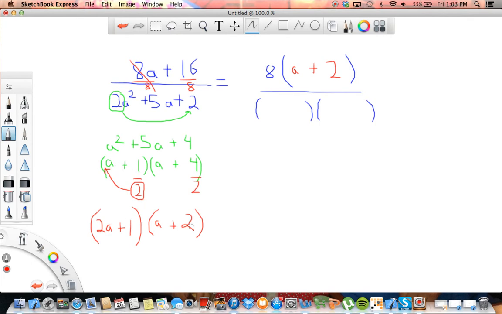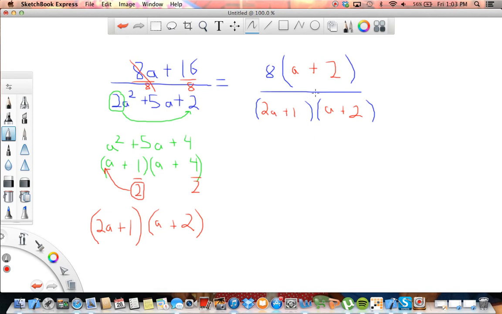Now this is the complete factor of this right here. So I'm going to write that up here, 2a plus 1, and then a plus 2. That was all step 1. We have just now completely factored this problem.